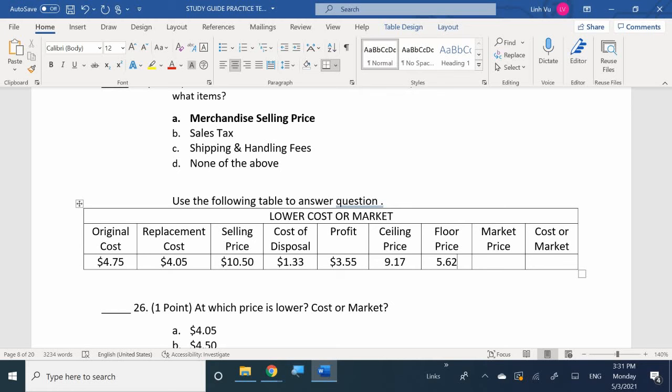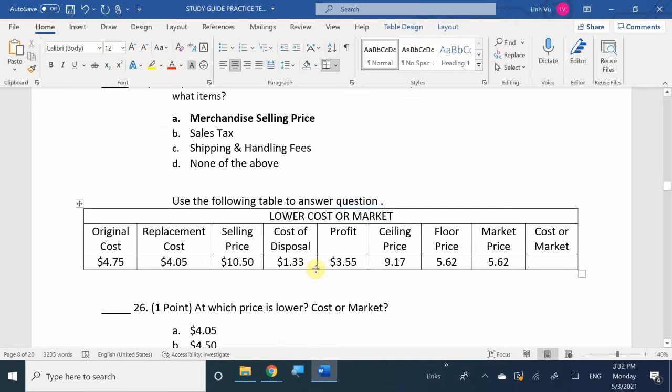So in this case, my middle value is $5.62, because $4.05 is lower than my floor price. So in this case, my market is going to be $5.62. Therefore, let's answer the question. At which price is lower, cost or market?